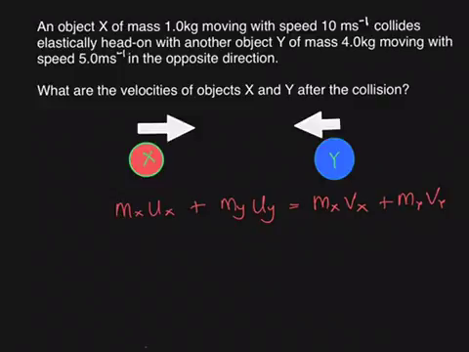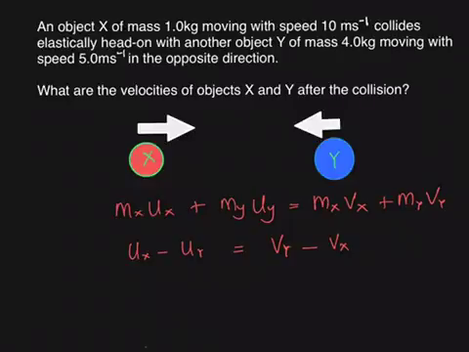Now, the other equation will be the relative speed of approach equals relative speed of separation, instead of the conservation of kinetic energy. This equation is actually derived from that and is easier to solve: ux minus uy equals vy minus vx.